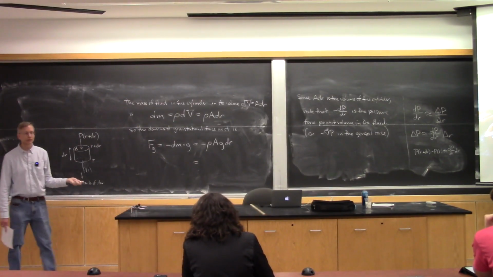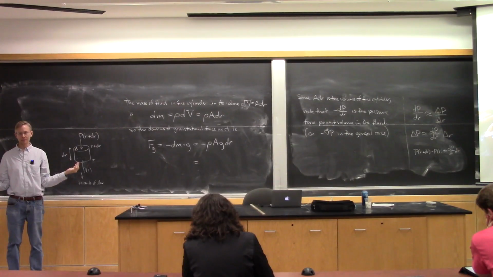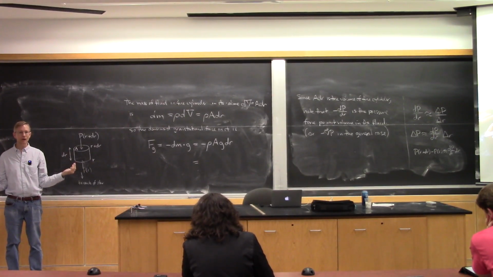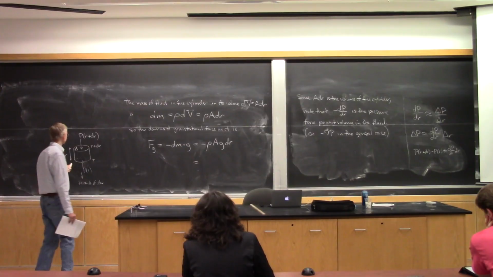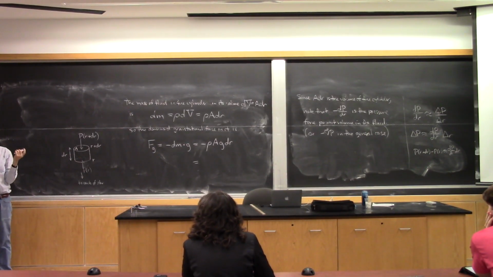g is the local acceleration due to gravity, not 9.8 meters per second squared at some arbitrary location inside of our star. How do you get the gravitational acceleration? Well, all the mass of the star behaves as though it was located at the center, except that we have to only include mass which is interior to our radius.